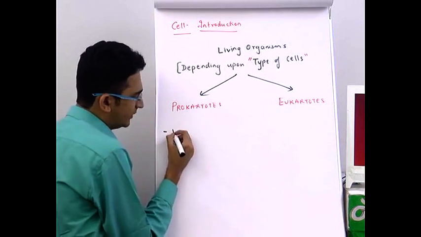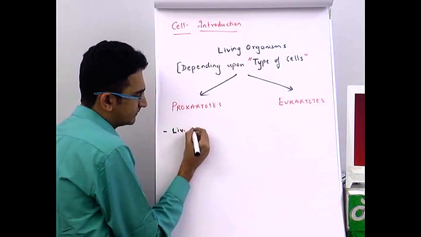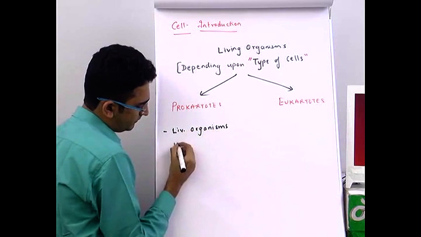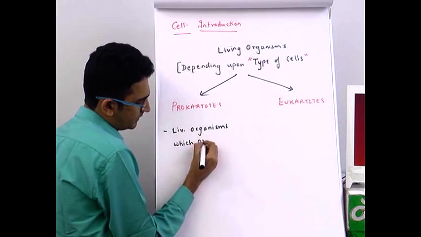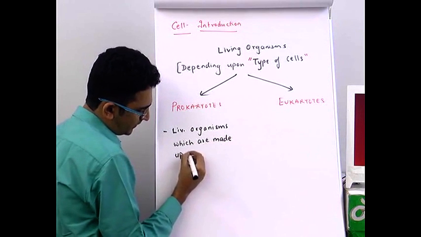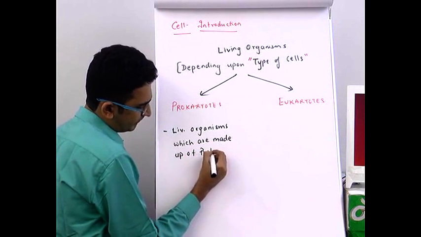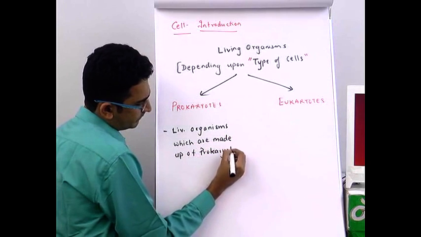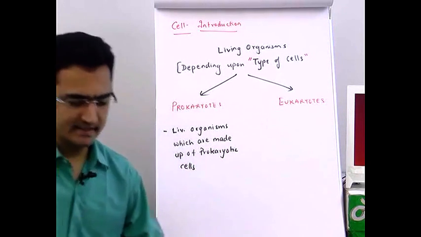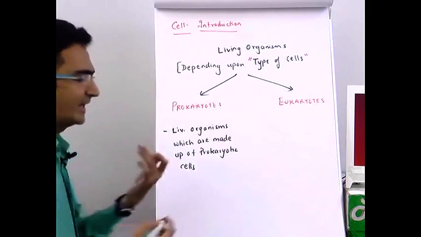Prokaryotes are those living organisms which are made up of prokaryotic cells. जो प्रोकैरियोटिक सेल से बनते हैं उन्हें प्रोकैरियोट्स कहा जाता है.